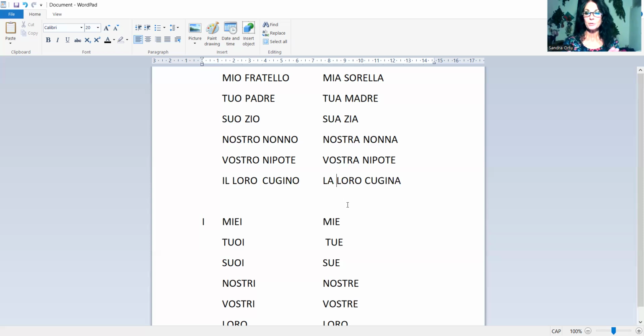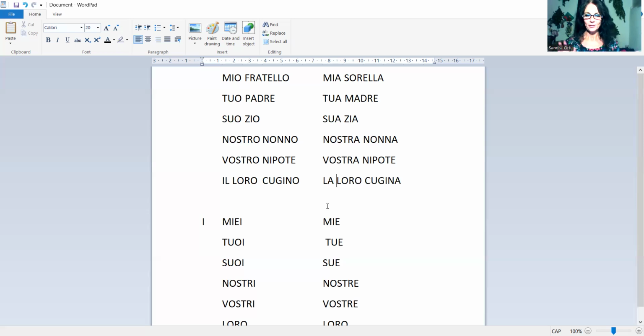However, when we're talking about a single member of family, we do not use an article. The exception to this exception is that instead we do need an article only for loro, which is their. So il loro cugino and la loro cugina.